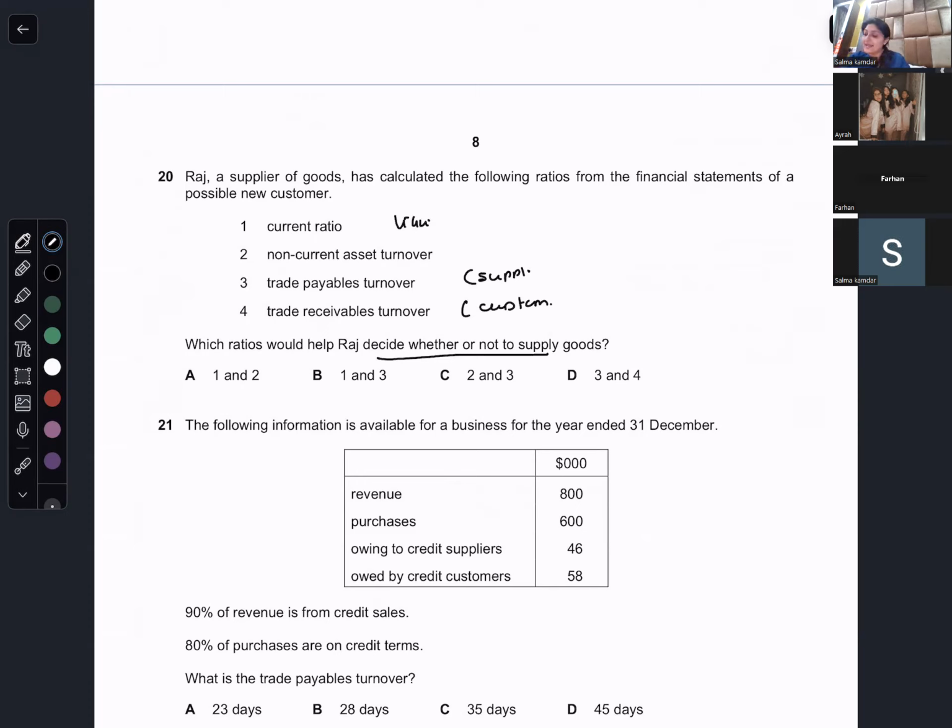Which ratio will help Raj? Raj is a supplier, and he has calculated the ratios of a possible new customer. Which ratio will tell Raj whether he should supply goods or not?